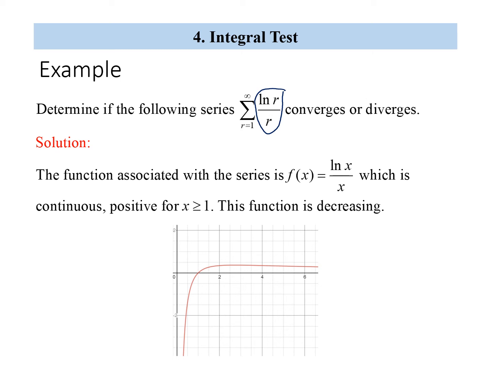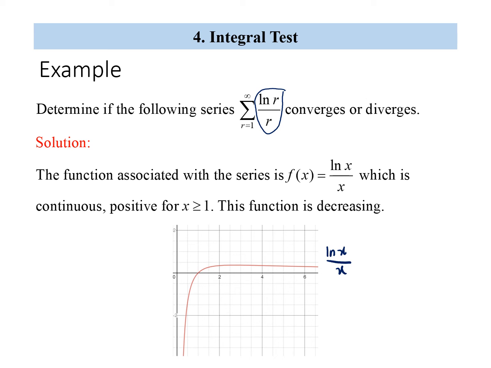So our function of x now becomes ln x over x. We have to check whether this function is continuous, positive and decreasing. If you refer to this graph, this is the graph of ln x over x.